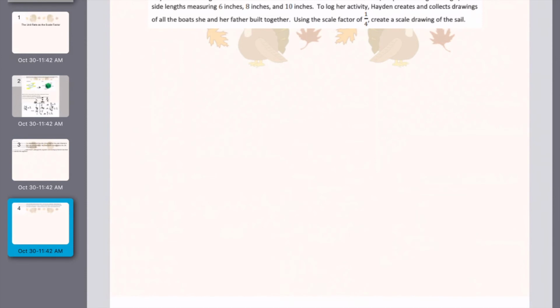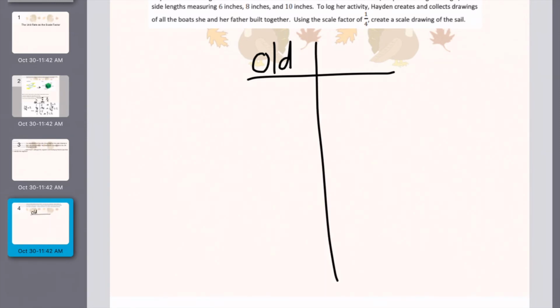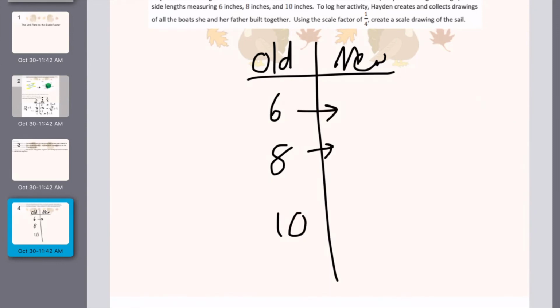So I know that the old versus the new, old is 6, 8, and 10. What I need to do to get to the new is multiply by 1/4, 1/4, and 1/4.